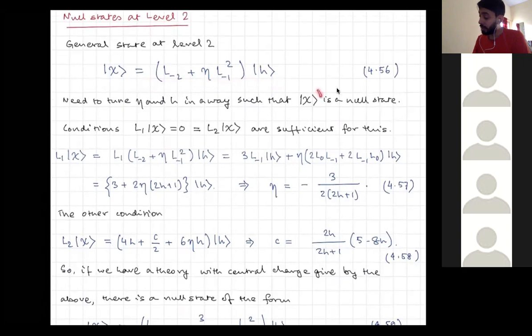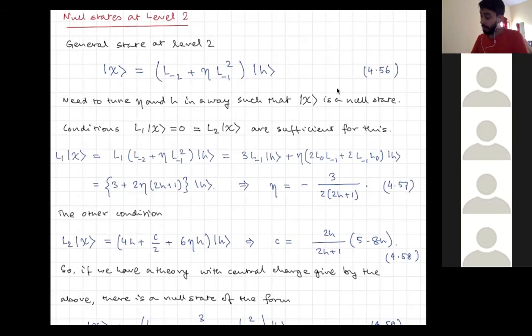If we look at chi as a null state, then this has to obey equations L1 and L2 acting on it equal to 0. It, of course, has to obey an equation Ln acting on chi being equal to 0, but for the n's greater than 2, L3, L4, this thing is identically equal to 0. That doesn't give you any extra conditions on H or the central charge.